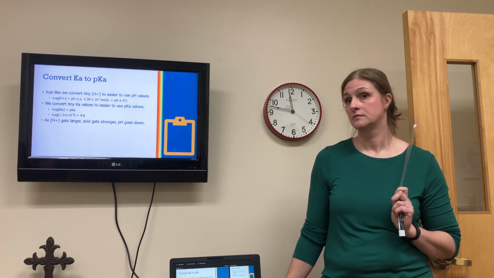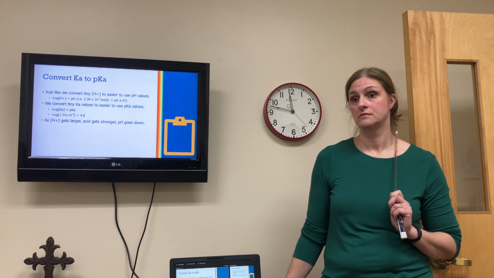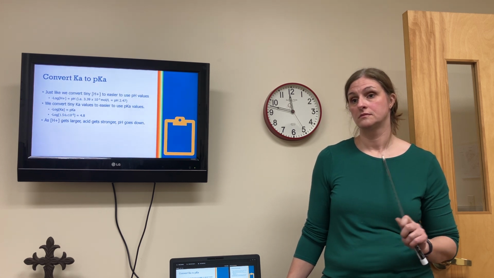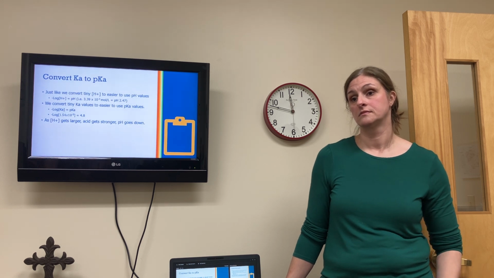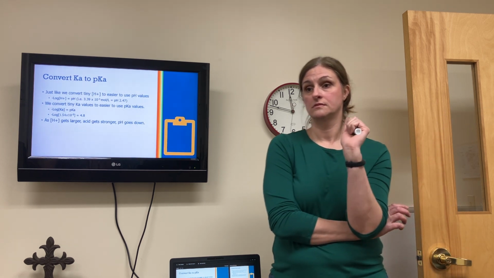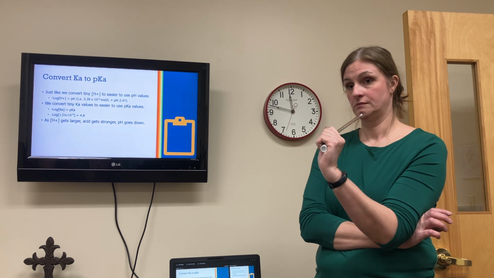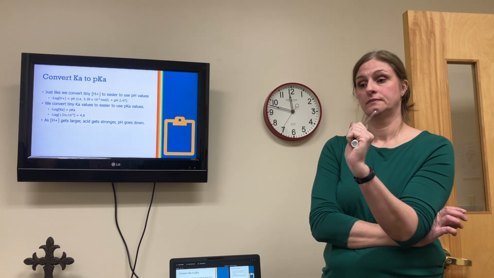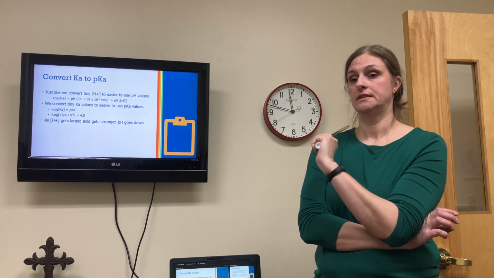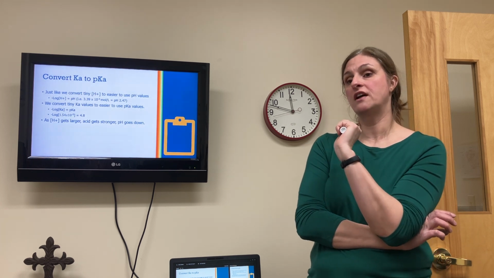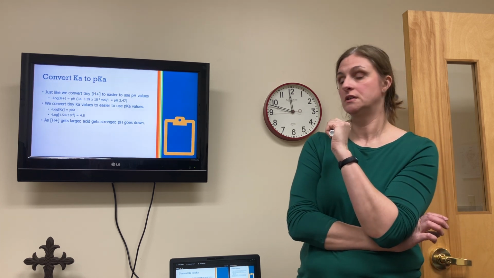Couldn't we just use an inverse log to get it from the number that we started with? Yes, you can use your inverse log function if you have that on your calculator.